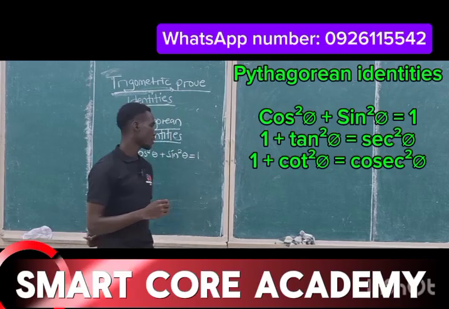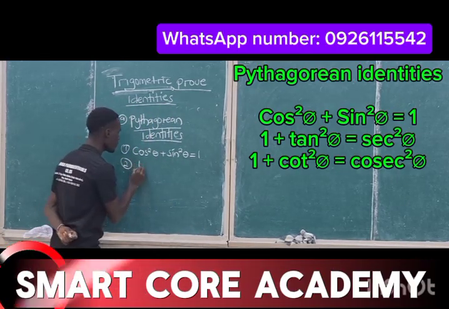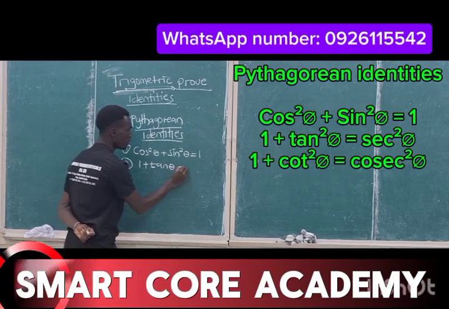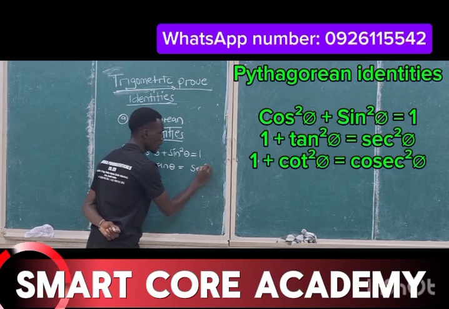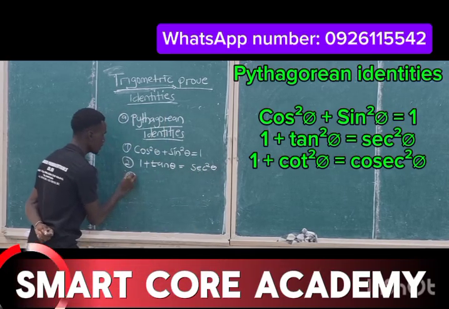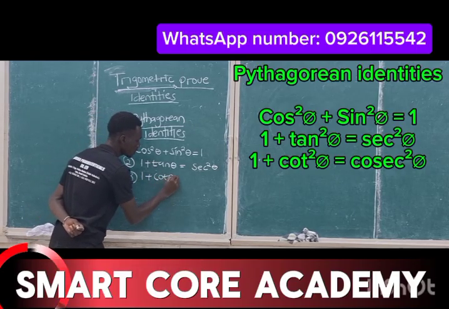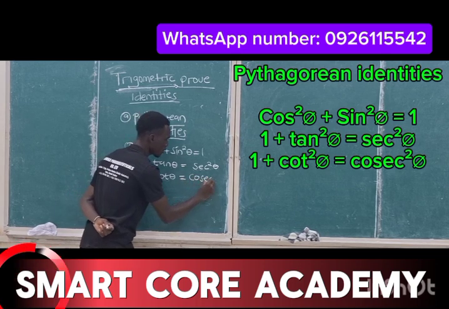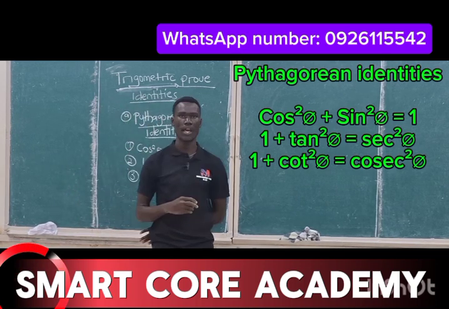That is the first. Second, we have 1 plus tan square theta is equals to sec square theta. Then finally, number 3, we say 1 plus cot square theta is equals to cosec square theta. Those are the Pythagorean identities.